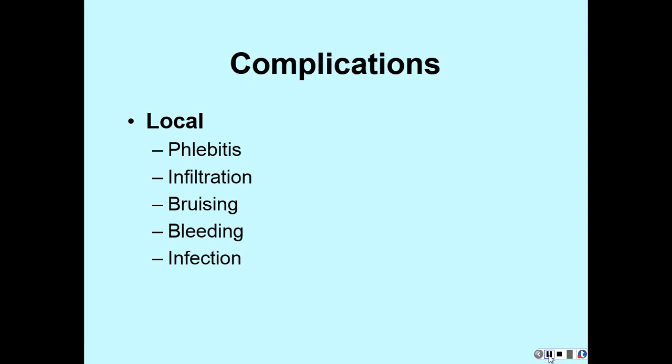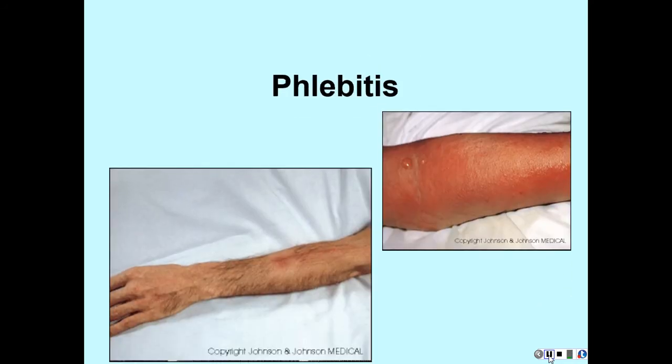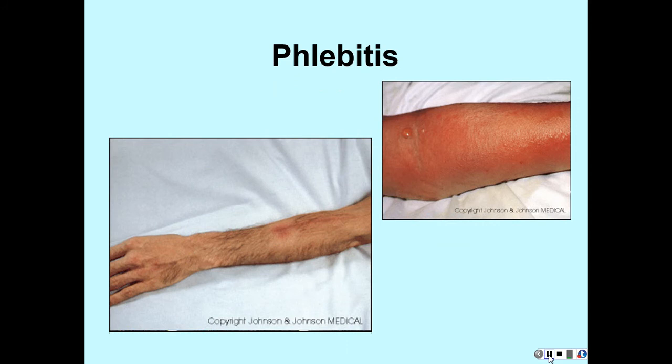Okay? So let's talk about phlebitis. Phlebitis is when you've got inflammation of the vein from either a mechanical, a chemical, or a bacterial invasion, or irritation, I guess I should say.